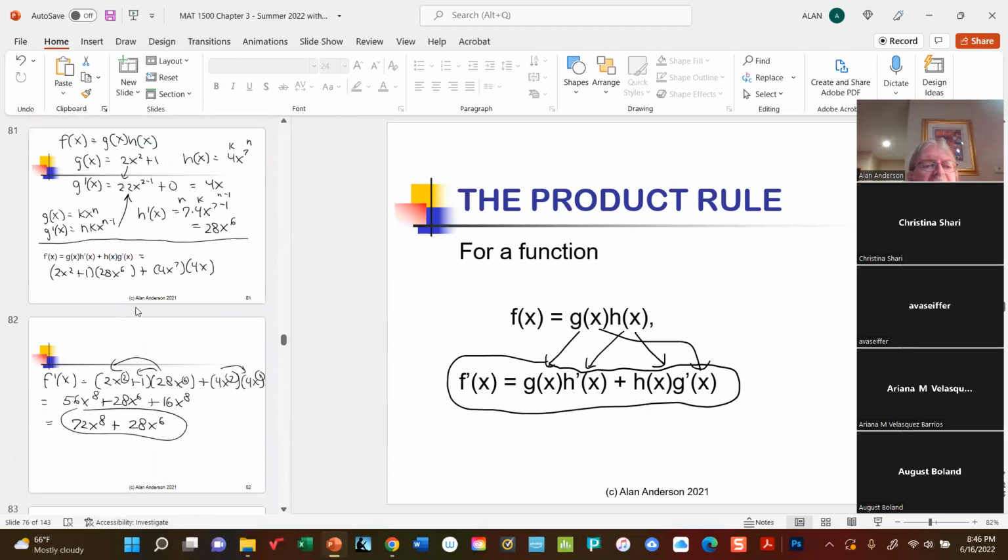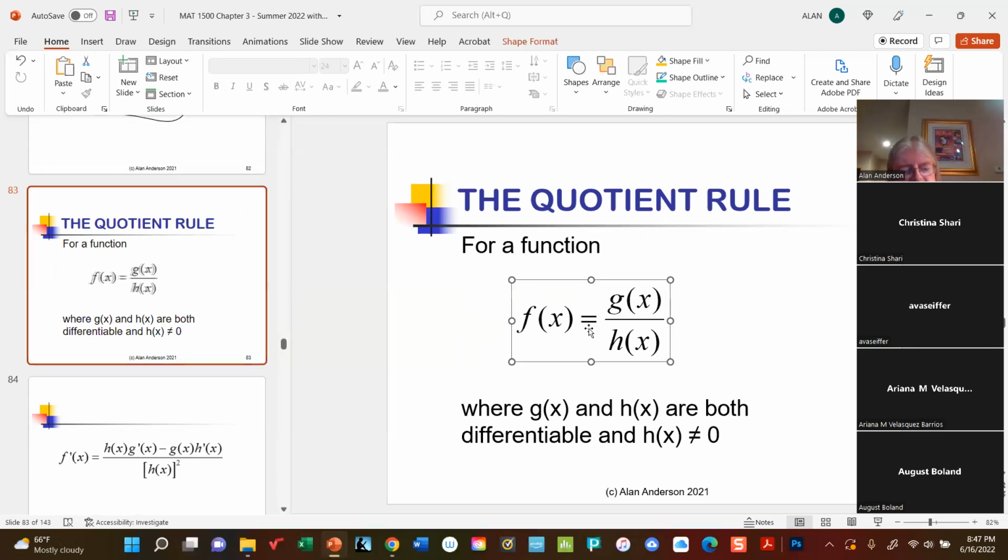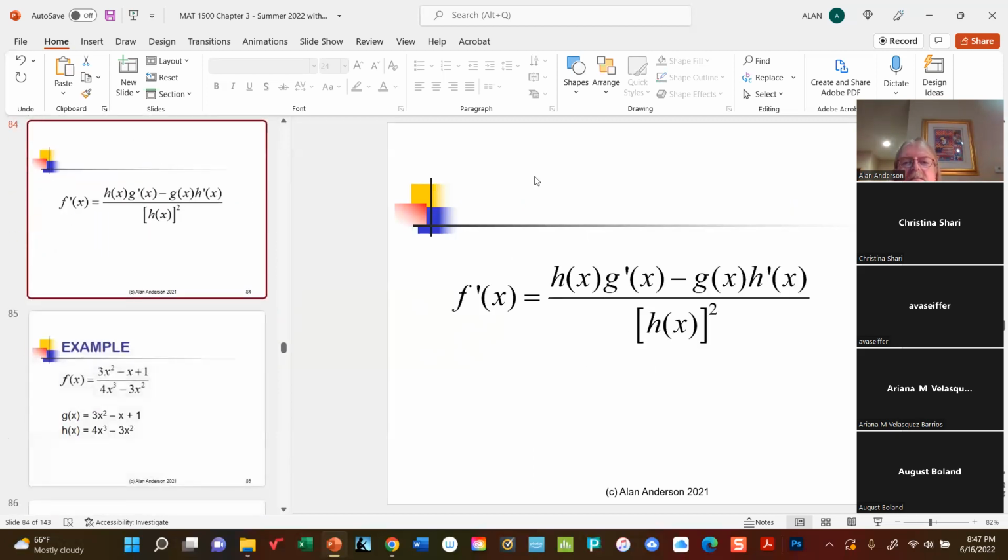So with that assumption in mind, we can do the same thing here, but here we need that extra assumption that h of x is not 0. Okay, obviously we can't have that. So with this ratio in mind, the rule looks pretty scary. Let's see what it is. Oh my God, look at that mess.